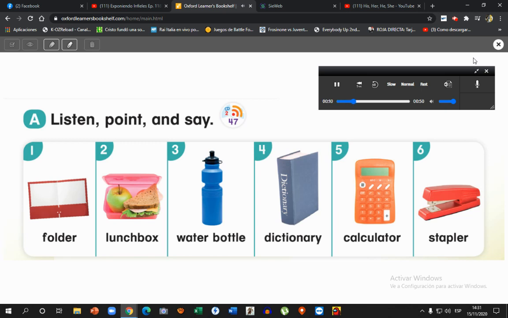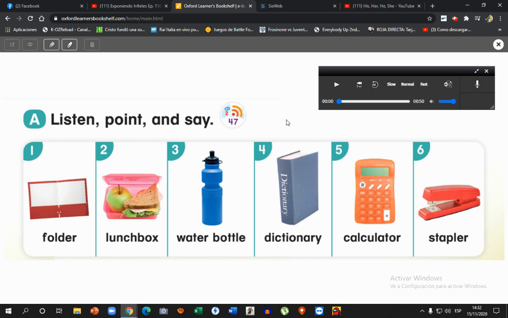A. Listen, point, and say. 1, folder, 2, lunchbox, 3, water bottle, 4, dictionary, 5, calculator, 6, stapler.